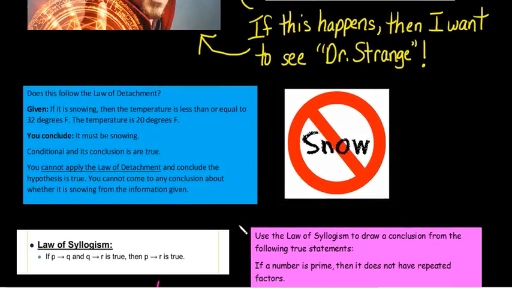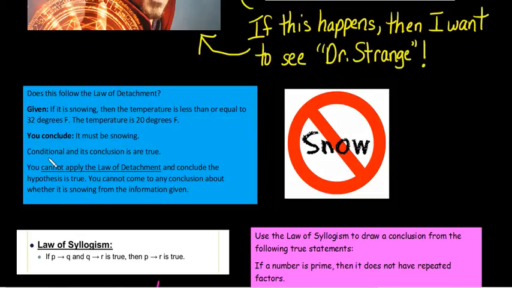Now, does this example follow the law of detachment? Here's your given. If it is snowing, then the temperature is less than or equal to 32 degrees Fahrenheit. The temperature is 20 degrees Fahrenheit. You conclude it must be snowing.